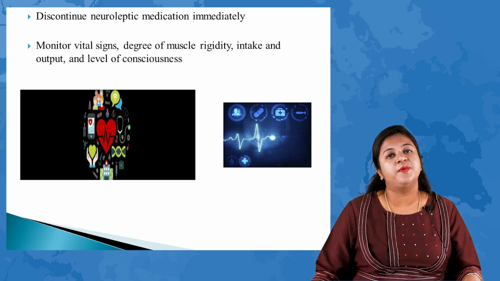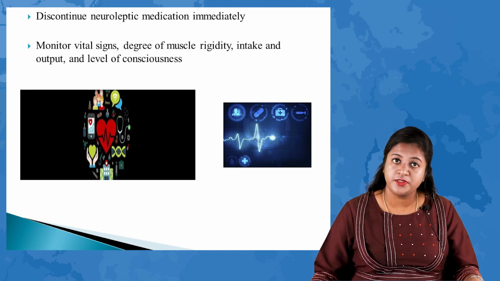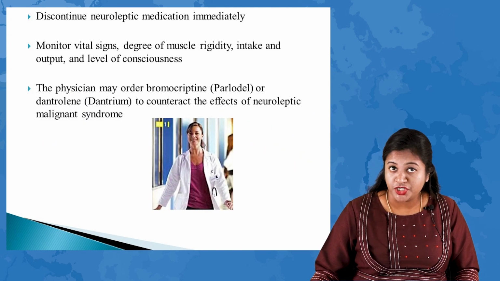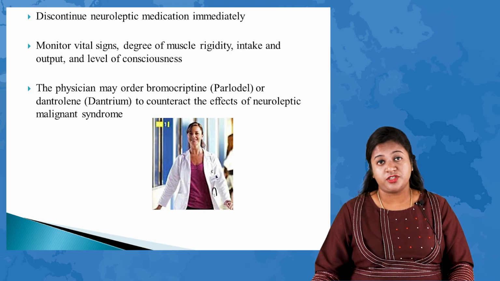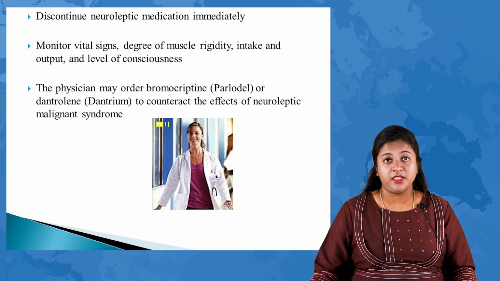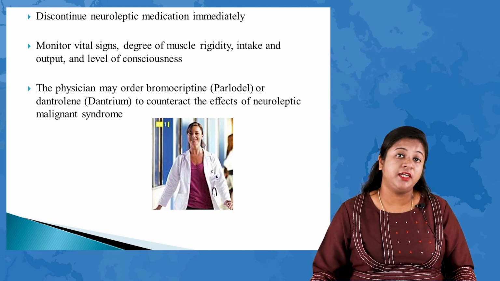So that is the management for neuroleptic malignant syndrome. Another thing you can do is inform the physician so that he can order drugs like dantrolene or bromocriptine, which are used to treat the Parkinsonian condition.